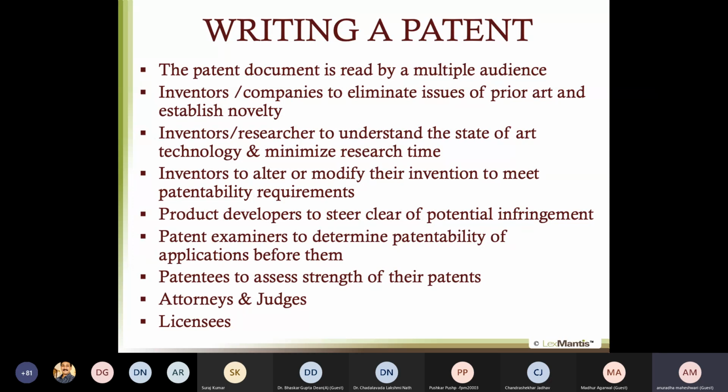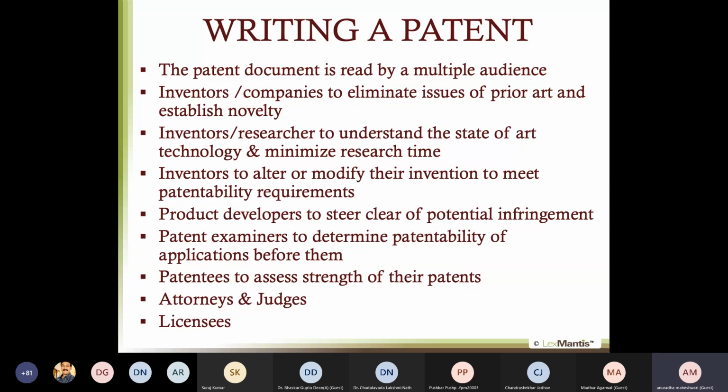All of them would be reading your patent document to understand the entire process or the entire product. But along with that, who else will be reading? Of course, the examiners in the patent offices, whether in India or other places in the world, will be reading your patent document to understand whether you deserve a patent or not.